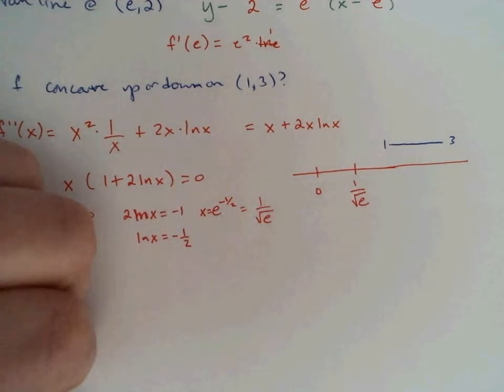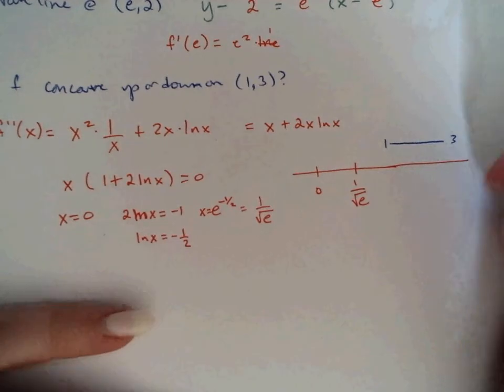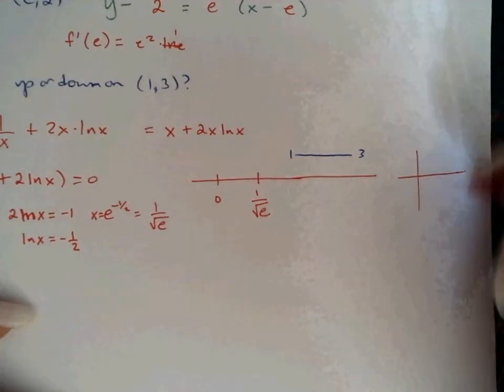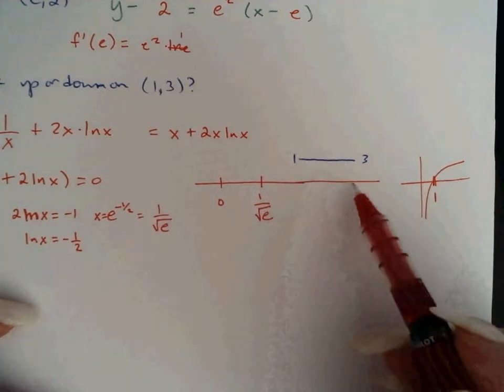Oh no, natural log crosses at 1. Not e. Natural log of e is 1. Wow, that was bad. Okay. Sorry, I was mixing that up. Natural log crosses at 1.